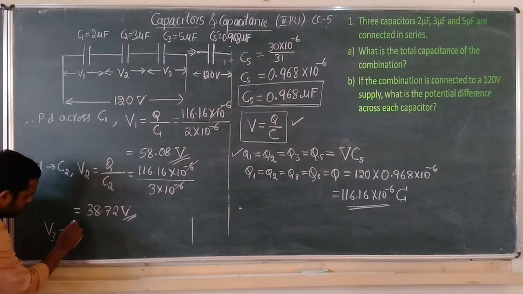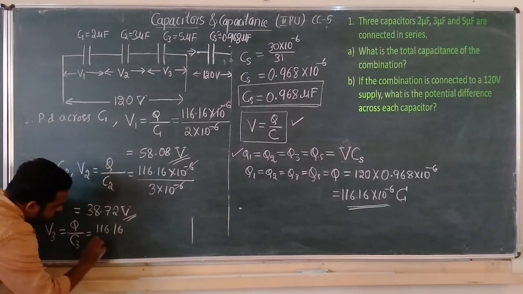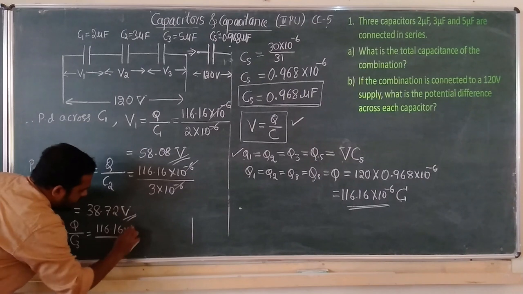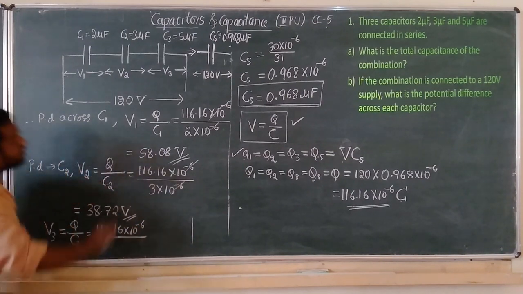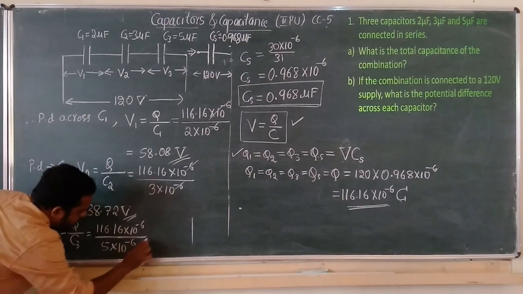And last one, the potential difference across the third capacitor, V3, is equal to Q divided by C3. So 116.16 into 10 to the power minus 6 divided by the capacitance, 5 microfarad, so 5 into 10 to the power minus 6.